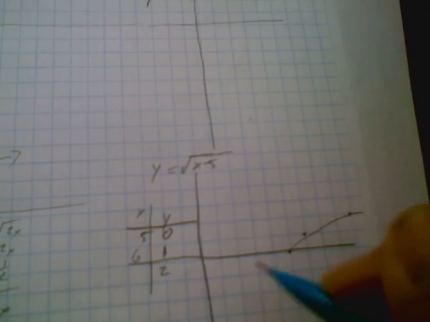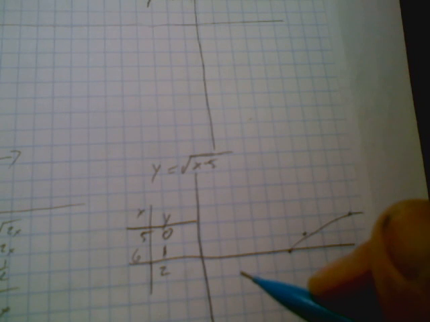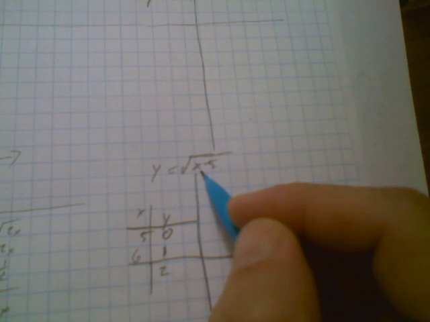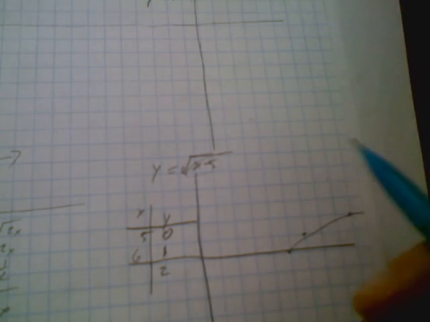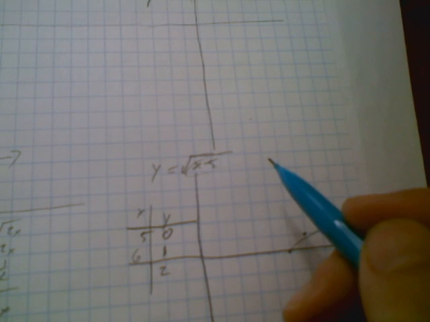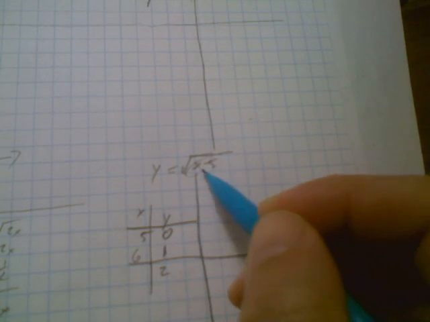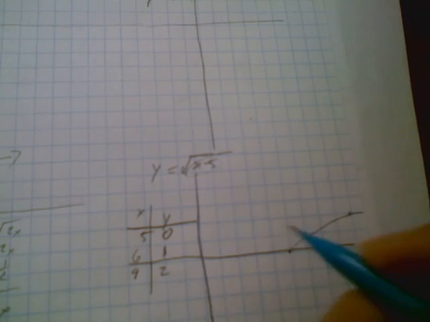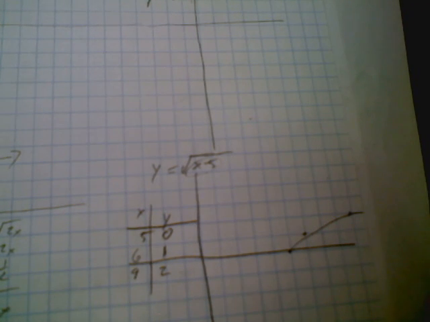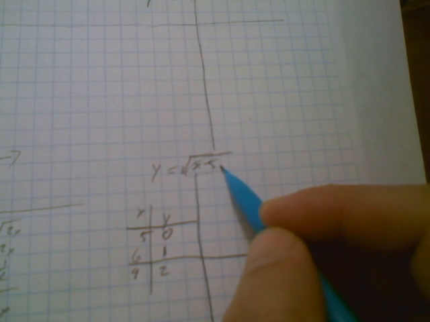If y is 2, the inside has to be 4, because the square root of 4 gives us our 2. So it's 9 minus 5, which is going to give us our 4.